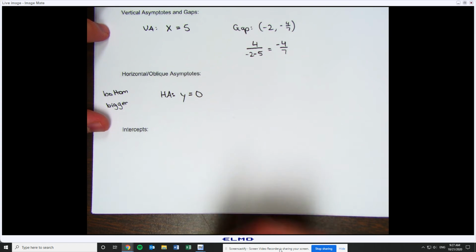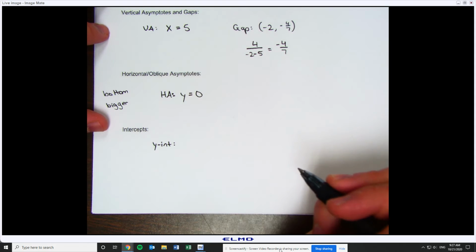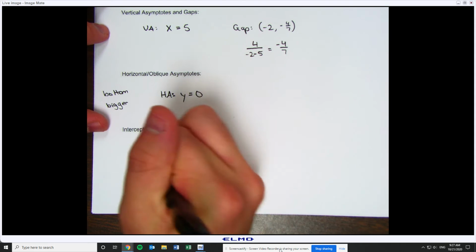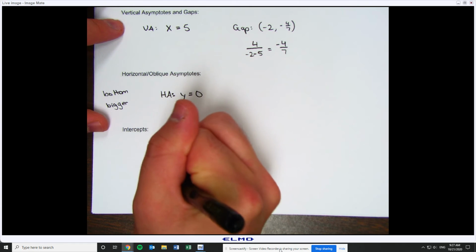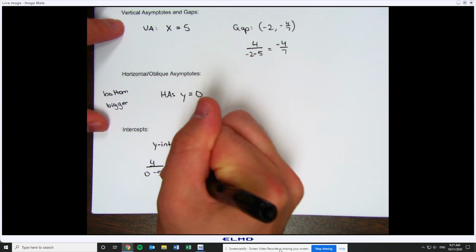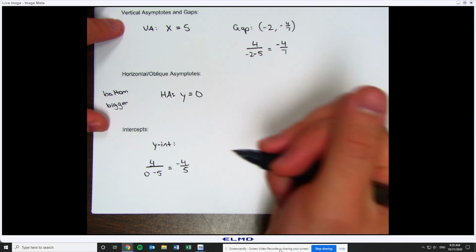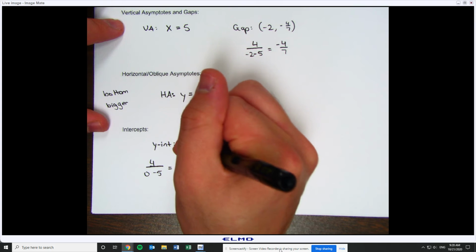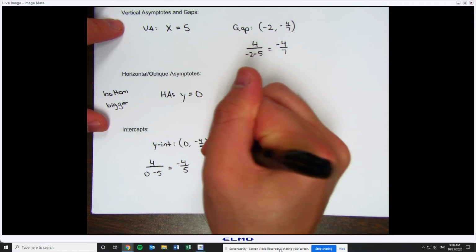Now for the intercepts, starting with the y-intercept, let's see what we got going on. I'm going to substitute 0 in, so I have 4 over 0 minus 5. That gives me -4 over 5. Got it. So my y-intercept is 0, -4 over 5.